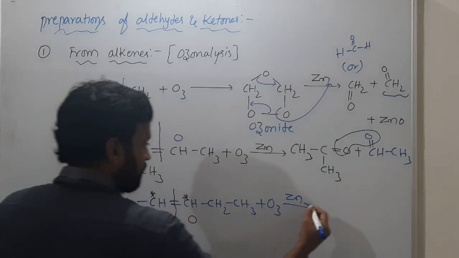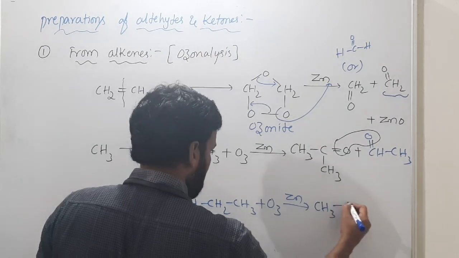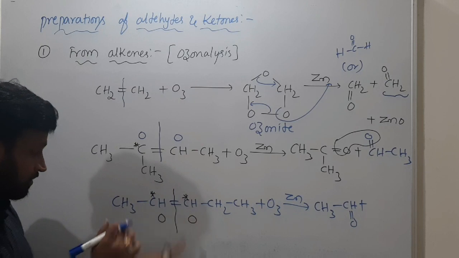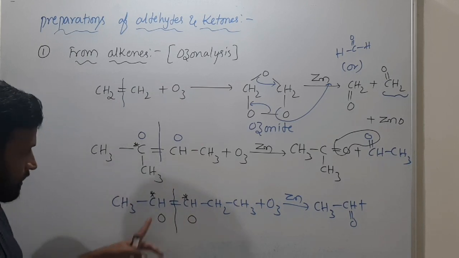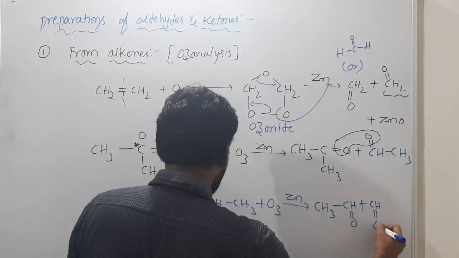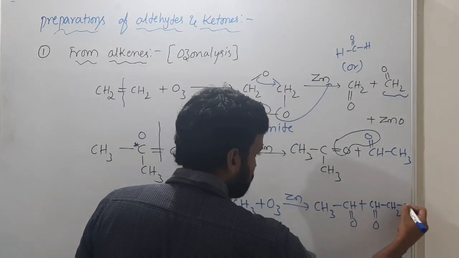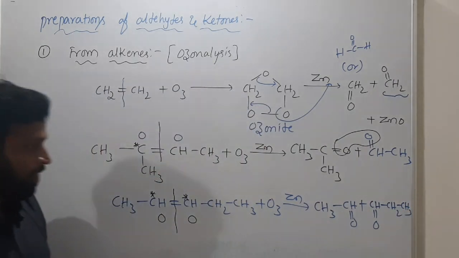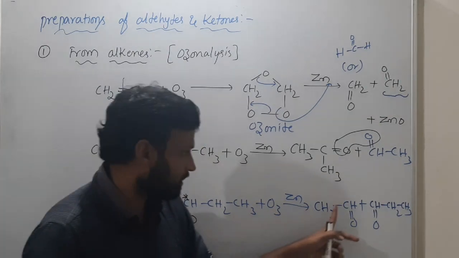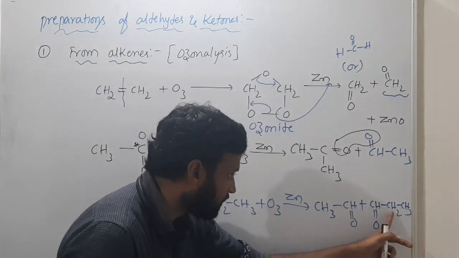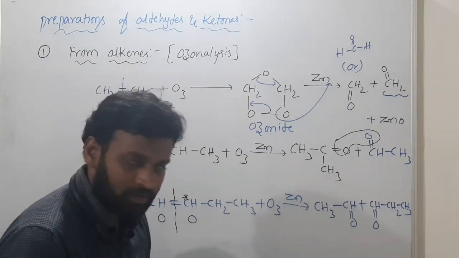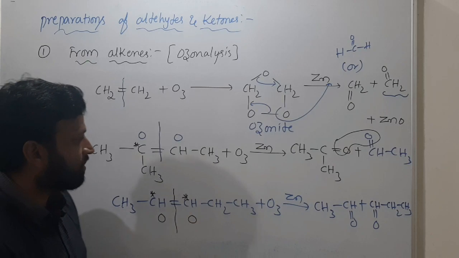So the products are CH3 CH double bond O plus, broken here, CH3 CHO, and with 3 carbons one more, that is CH double bond O, CH2 and CH3. CH3 CHO is one product, CH3 CHO another, and CH3 CH2 CHO is another product. Over now. Understanding everyone?